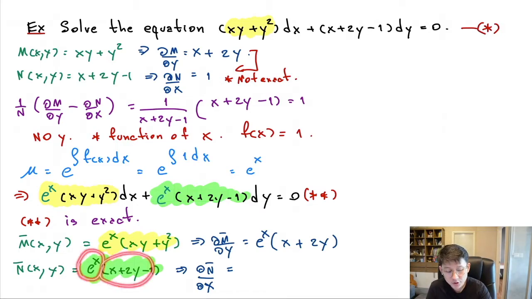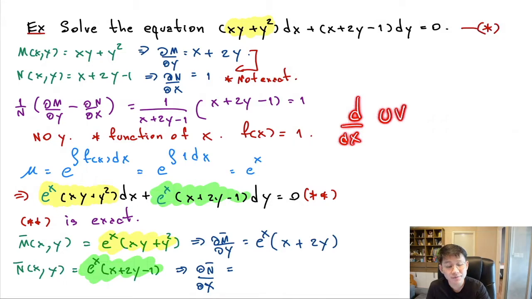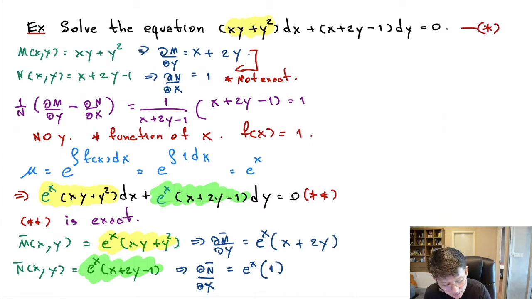I need to use d by dx of uv, right? Which is u dv plus v du. So dv must be 1, right? Because y are seen as constants. Guys, we take derivative by x. Okay, y are seen as constants. So it is e to the x times 1, u dv, plus v, which is x plus 2y minus 1, times the derivative of e to the x, which is e to the x.